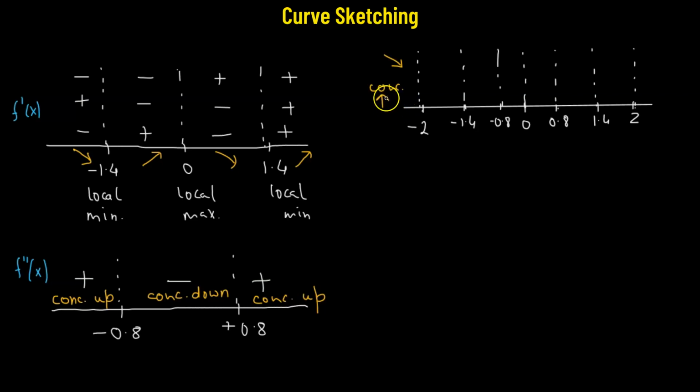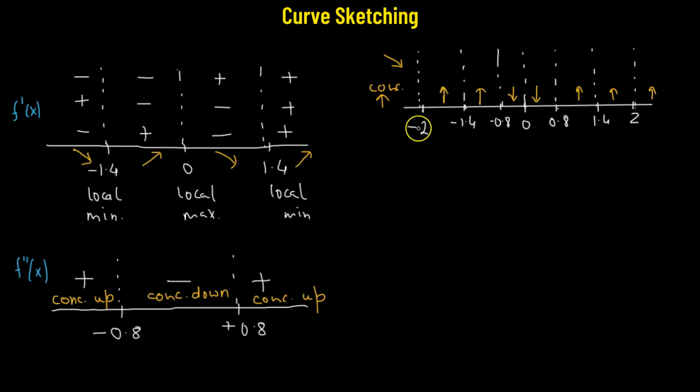I'll use an up arrow for concave up and down arrow for concave down. Clearly, for all values less than negative 0.8, we have concave up, and for all values greater than 0.8, we have concave up. And between negative 0.8 and positive 0.8, we have concave down.